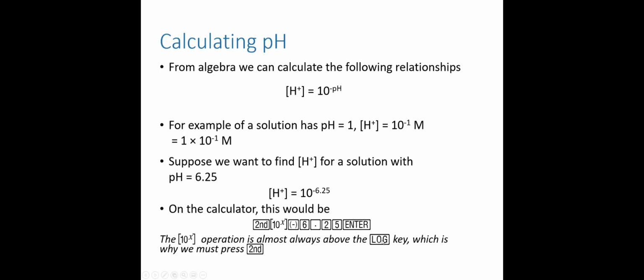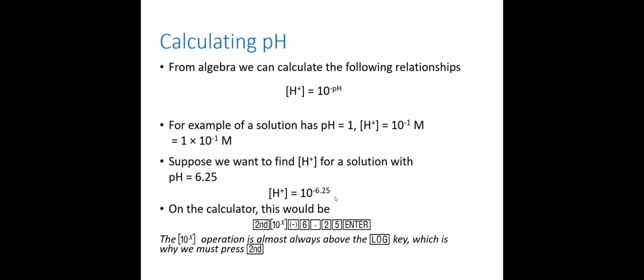And because it's above the logarithm key, you need to press the second button or shift in some calculators to get access to it. And then you would type in negative 6.25, the pH, and equals or enter depending on the calculator. This would not be considered an acceptable final answer.